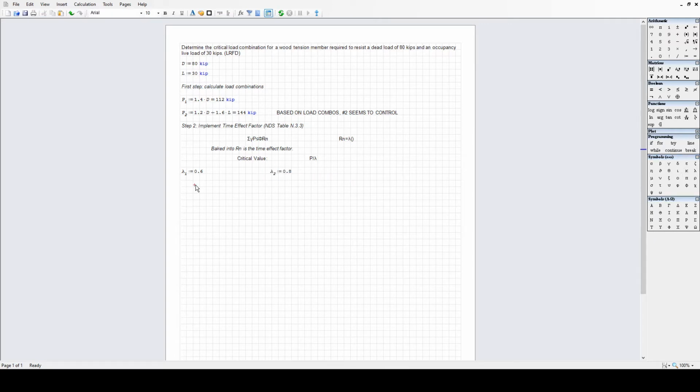And so then we can calculate our two critical values. P1 divided by lambda 1 is going to equal that many newtons. That's way too many decimal places, and that's bugging me, so let's put maybe one decimal place, which seems a little more reasonable. And then we'll do the same for our lambda 2.